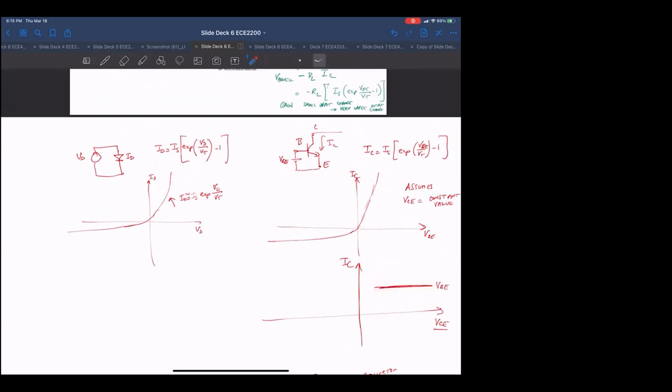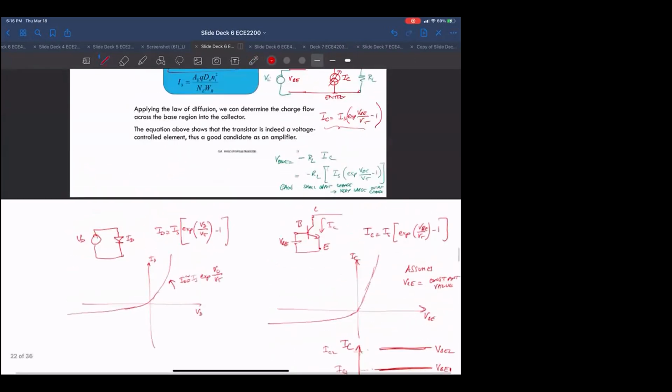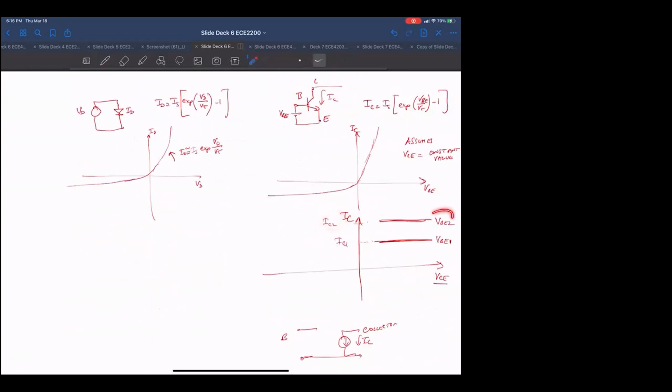As long as this VCE is high enough to keep this junction in reverse bias, the collector current is not going to change with VCE. But as VBE changes, so let's say we have a VBE of 1, if I have a different VBE, so VBE of 2, I might get a different collector current. Because remember, this collector current is very dependent on the VBE value.